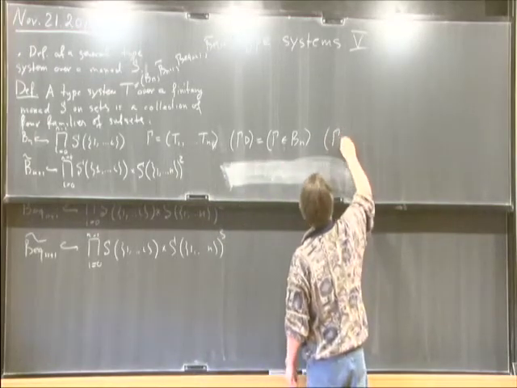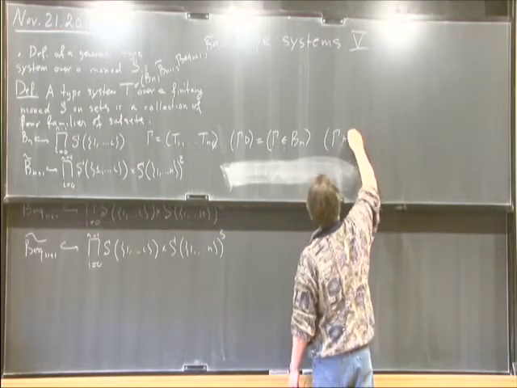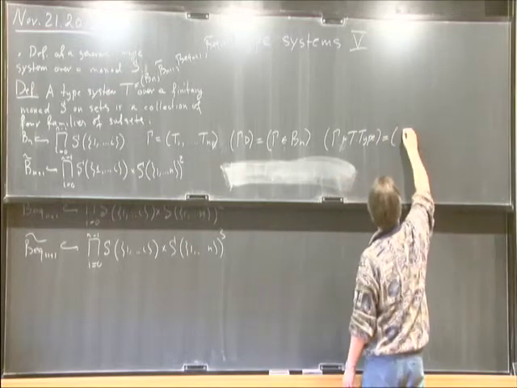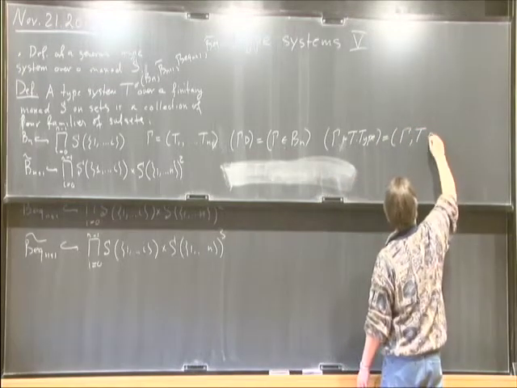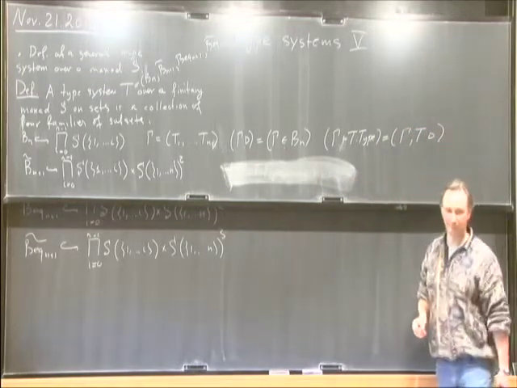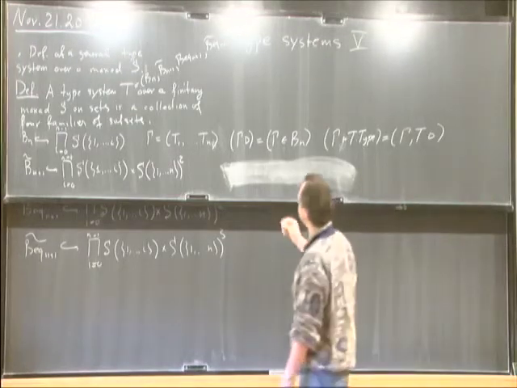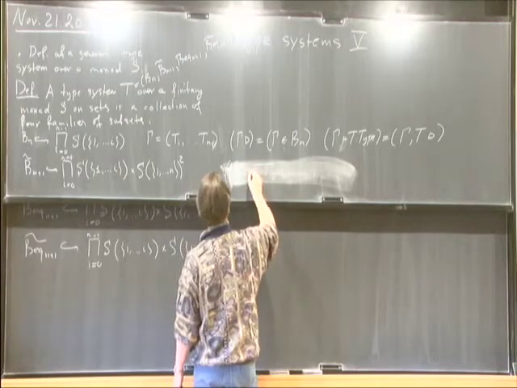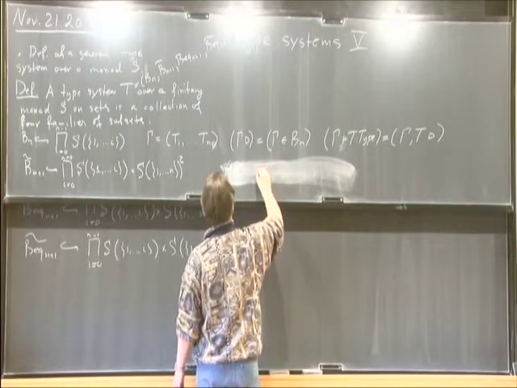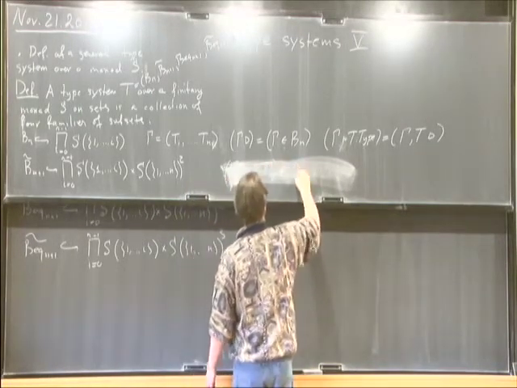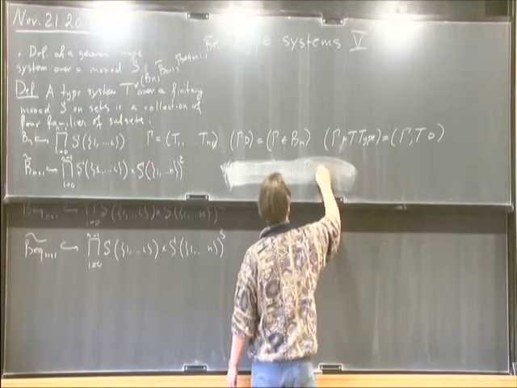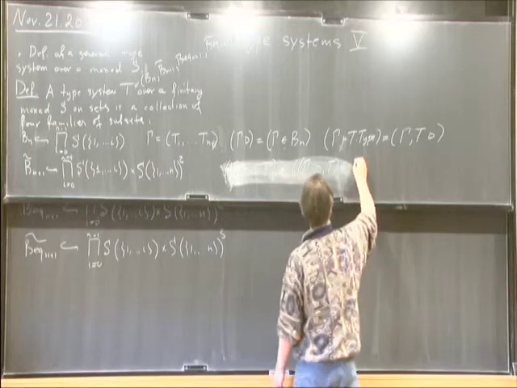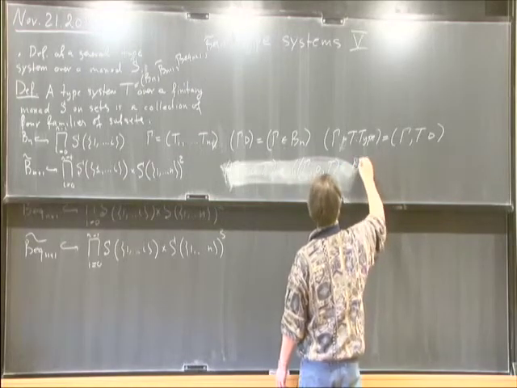So gamma T type is a notation for gamma T is well formed. Gamma turnstile OT is a notation for gamma OT belongs to Bn plus 1 tilde.